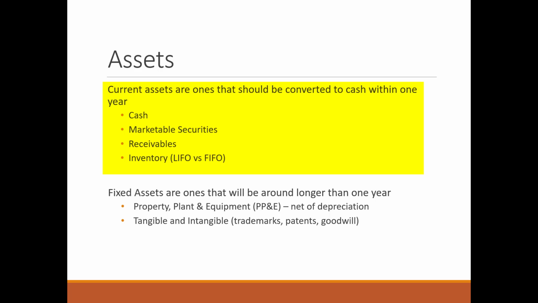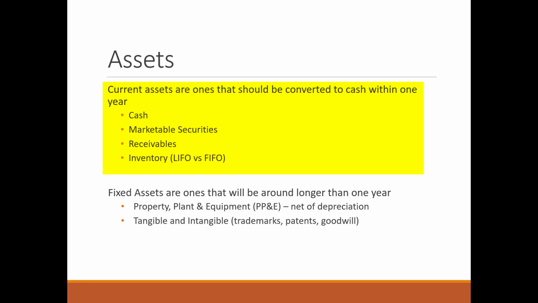And then finally, inventory is items that a company has, and the notion is that these are going to be sold and turned into cash within a year. Now we're going to perhaps talk a little bit more about inventory policies later on, but it's important to note that there is some discretion in the accounting world in how you account for inventory.